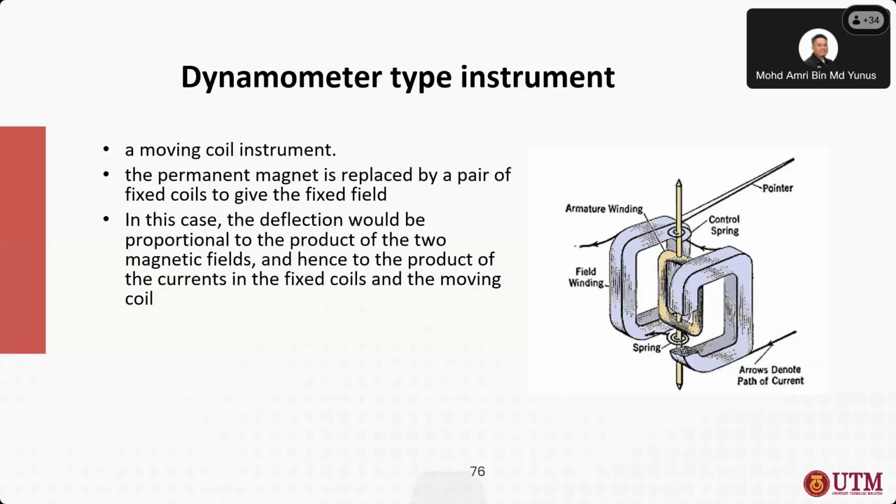So basically, a dynamometer consists of, as you can see, two sets of fixed winding, and then at the center there is a moving coil.